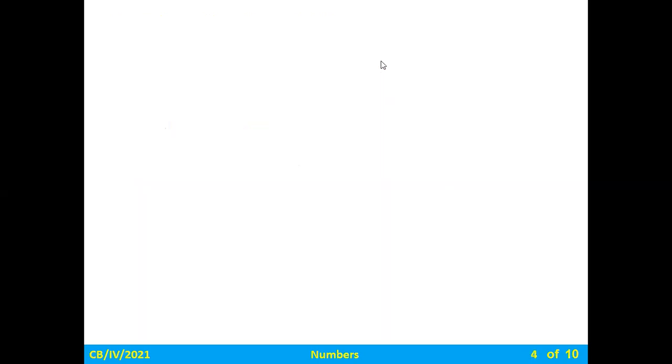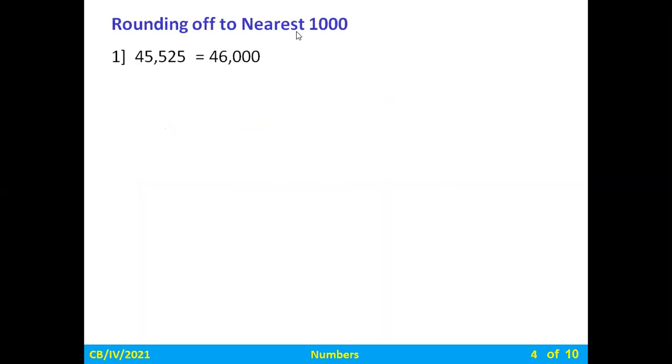Now let's see the thousands digit, how to round it off to nearest thousand. Now here a five digit number is given to us. 45,525 got rounded off to nearest thousand as 46,000. Here the consideration will be up to the thousands digit.